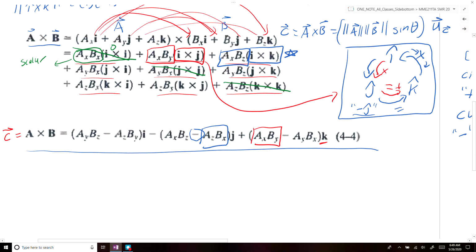This formula is a little bit tedious, so you can rewrite it using a determinant of a 3 by 3 matrix.